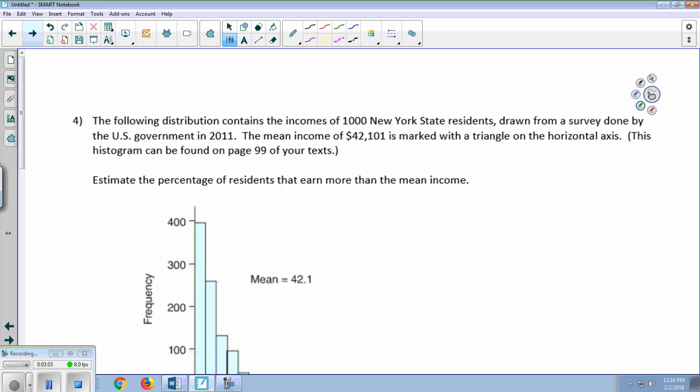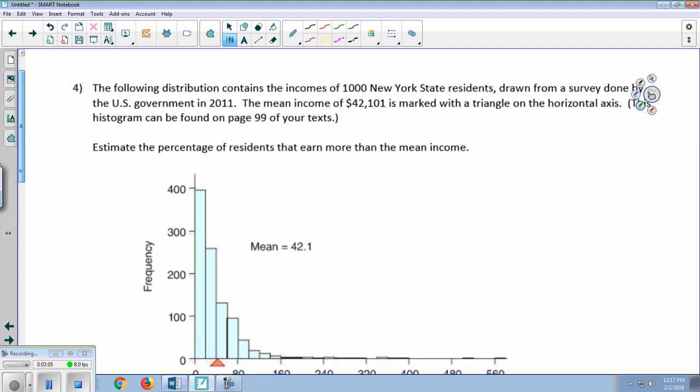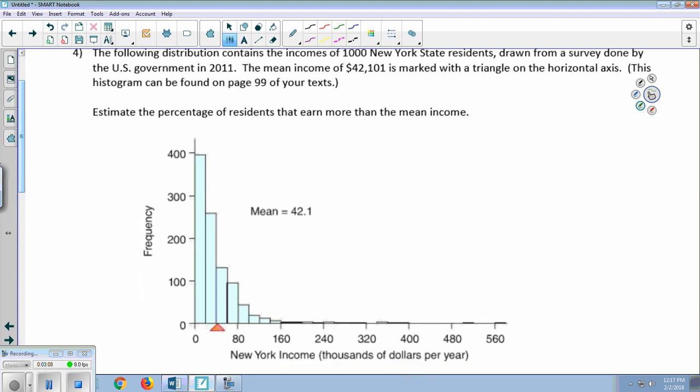The following distribution contains incomes of 1,000 New York State residents. It's drawn from a survey by the U.S. government in 2011. The mean income is 42,000, and it's marked with a triangle on the axes. Estimate the percentage of residents that earn more than the mean income. In other words, we want to know how many observations fall on this side of the mean.